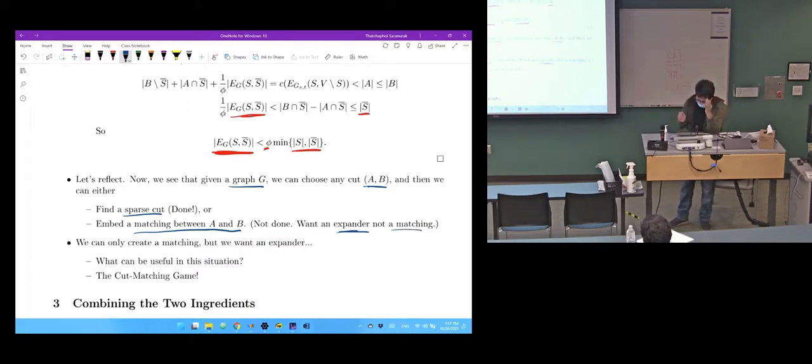We can create a matching, but we want an expander. The cut matching game is really a tool: if you feed it a bunch of matchings, then it gives you an expander. This is what the cut matching game is for.